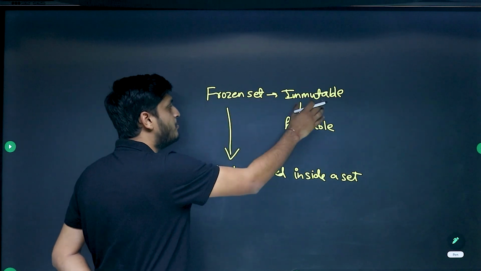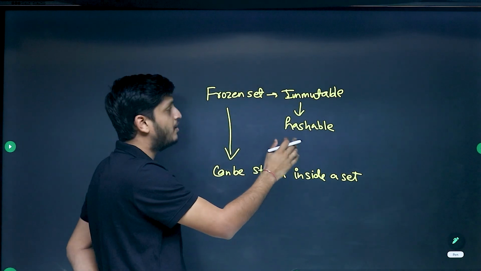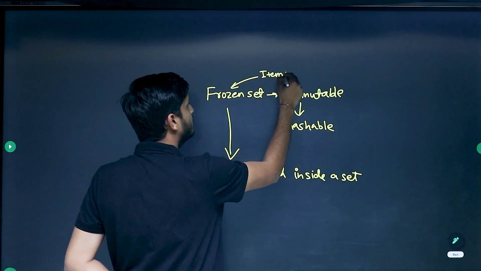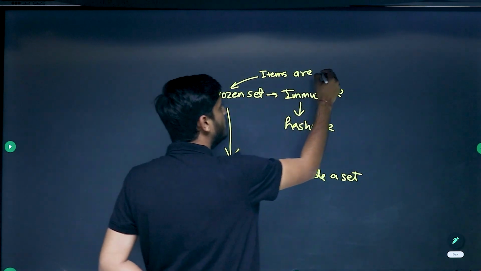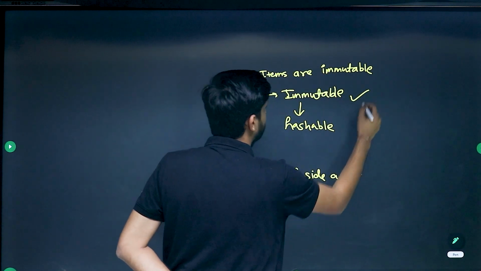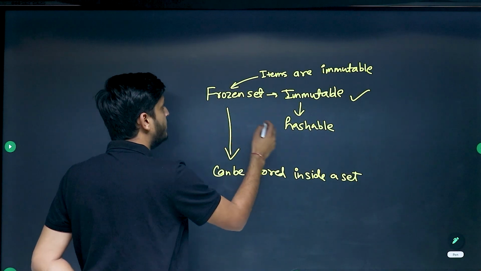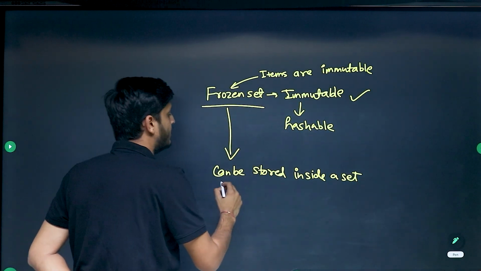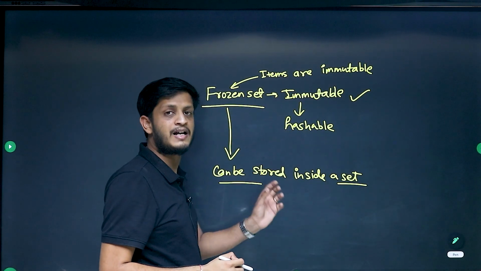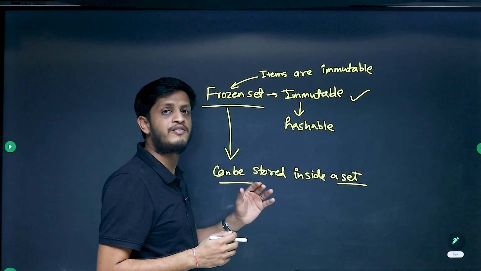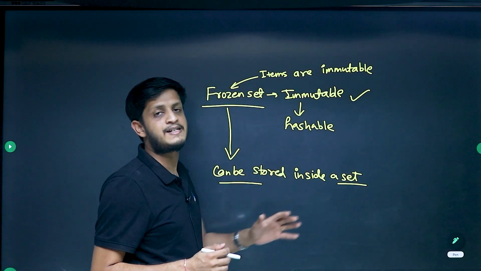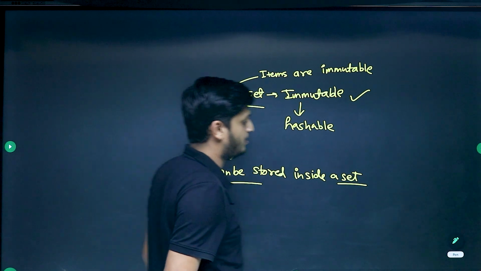But frozen set is immutable, so it is hashable. The items of a frozen set are immutable and hashable, and it itself is also immutable, and hence you can store a frozen set inside a set. So if you want to store a set inside a set, you cannot store a normal set, and hence you must create a frozen set. You can convert a normal set into a frozen set, and then you can store that inside a set, because that is hashable.